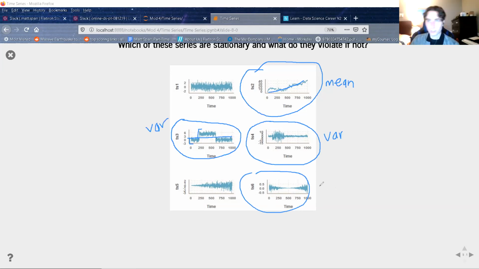And what does it violate? Variance or covariance. I think this one would technically be both variance and covariance. You'd probably have to see it a little bit closer, but it looks like it's getting tighter. The distance between the seasonality of it is shorter in the middle. Okay. All right, so that's basically stationarity.